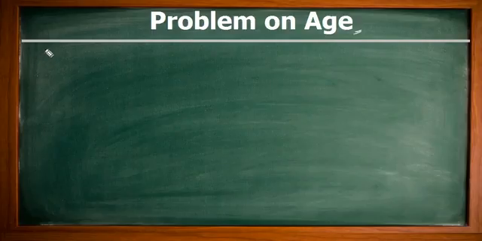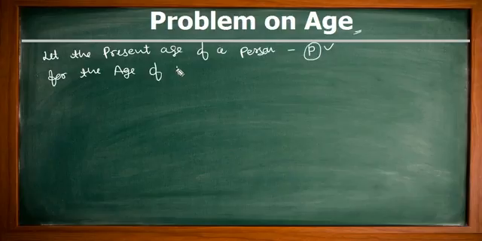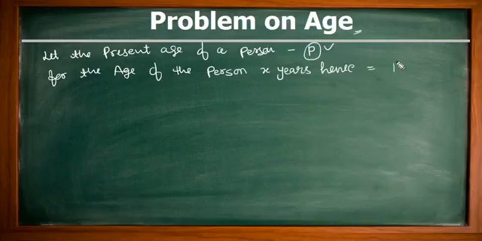Let the present age of a person be P. The age of the person X years hence would be P plus X. Basically you have to write these few terms, and know the actual meaning of hence, because in your questions you will get these terms very frequently.